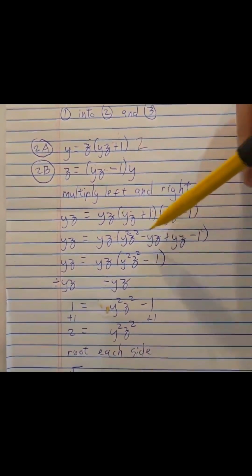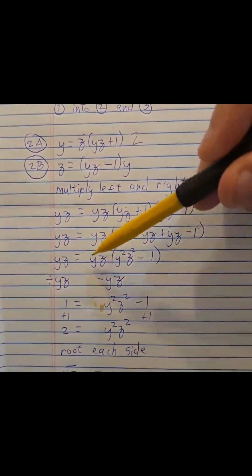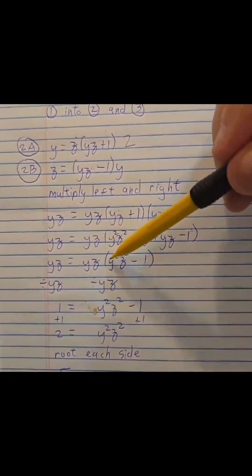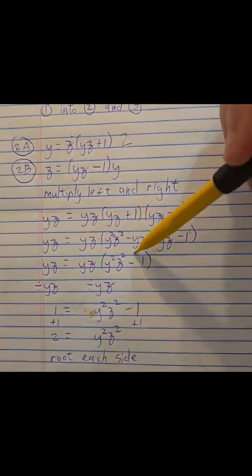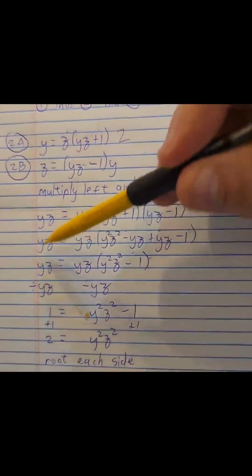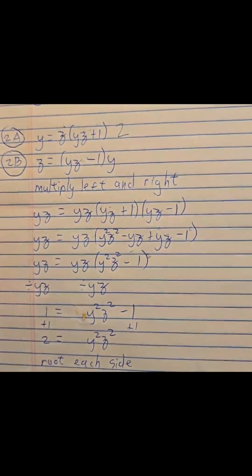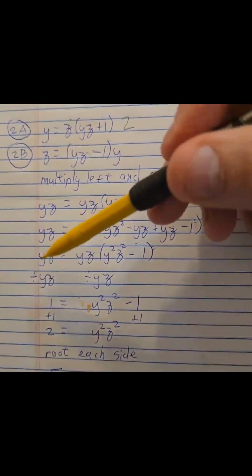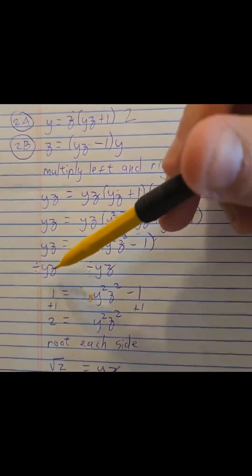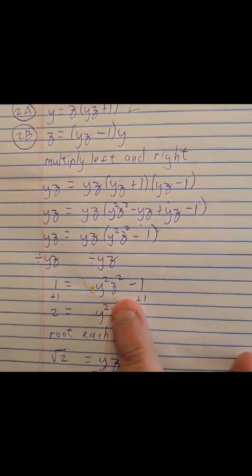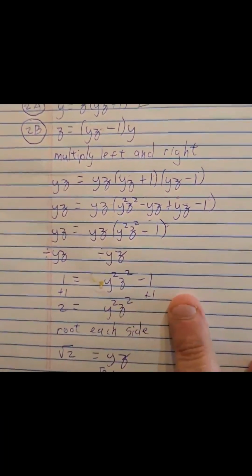These 2 terms cancel out, and now we're left with yz equals yz times y squared z squared minus 1, all in a bracket. We divide through by yz, and we're left with 1 equals y squared z squared minus 1.